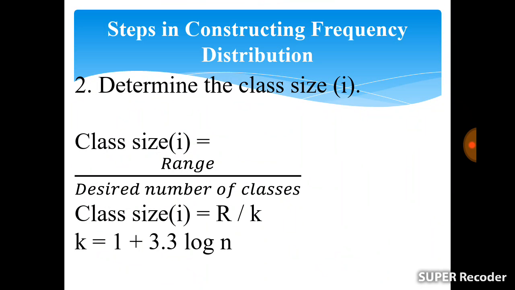So class size is defined by the formula R over k, where k is the desired number of classes. Range is defined by the formula highest score minus the lowest score. To get the k, or the desired number of classes, we have to use this formula: 1 plus 3.3 logarithm of n, where n is the total number of frequencies.